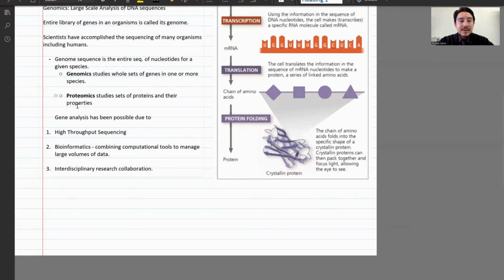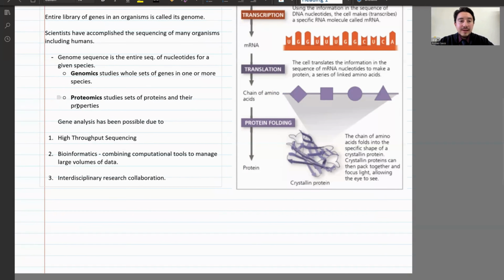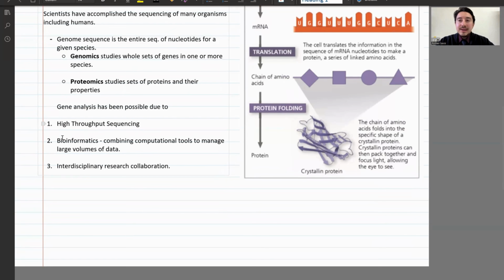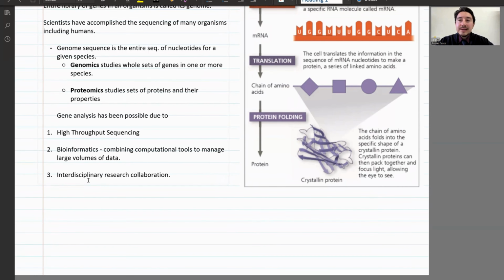As we go along in the book and see different methods and techniques that scientists have discovered and implemented over time, it's much easier to do gene analysis. One of the biggest reasons why gene analysis has come about is sequencing.